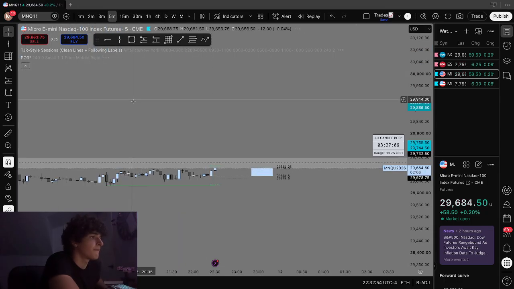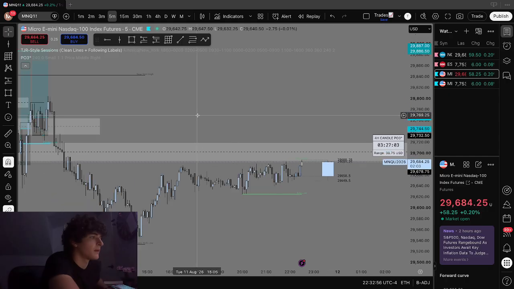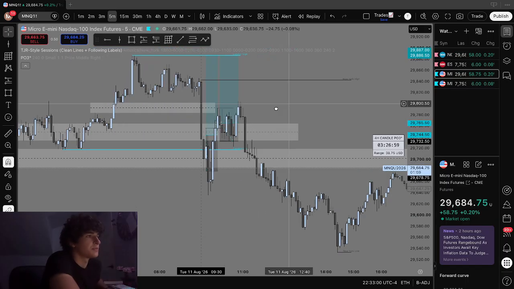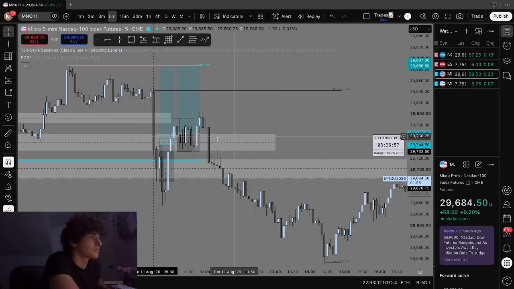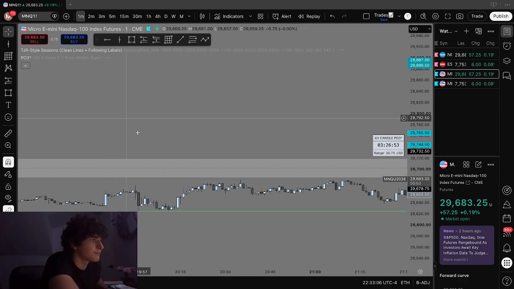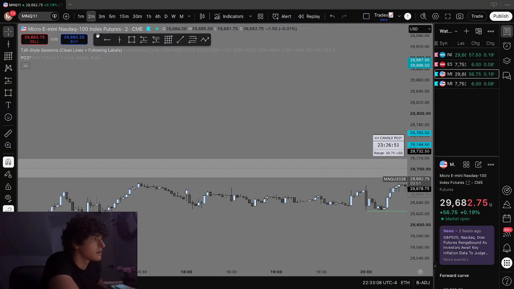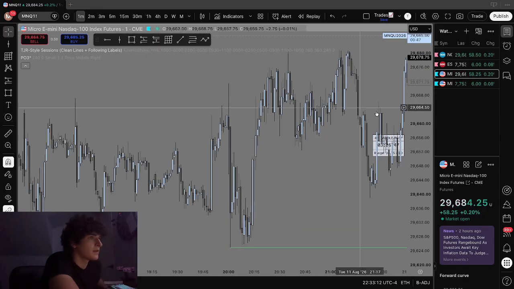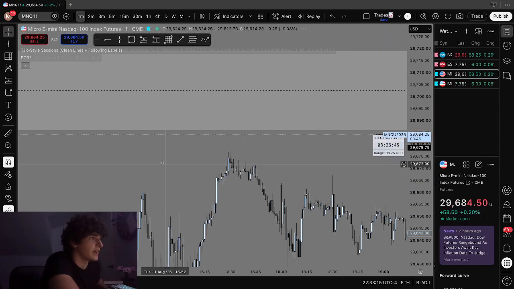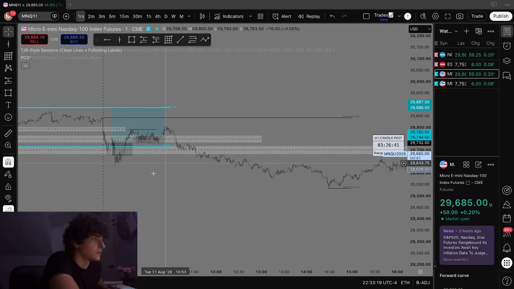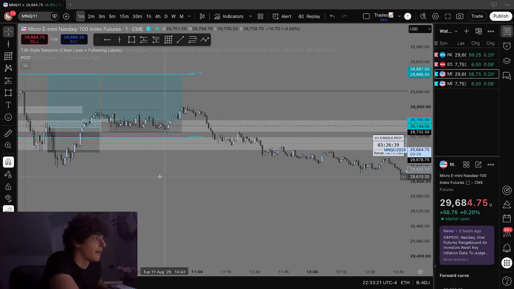Now, what ends up happening? Price rips through the first two gaps, then we get a slight reaction off of the daily gap.